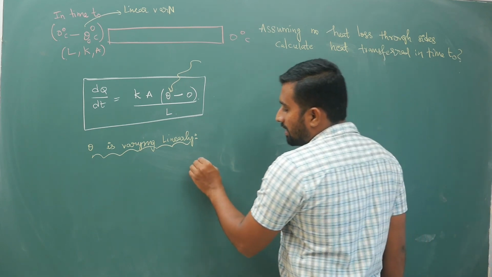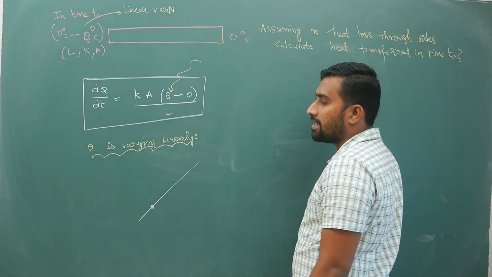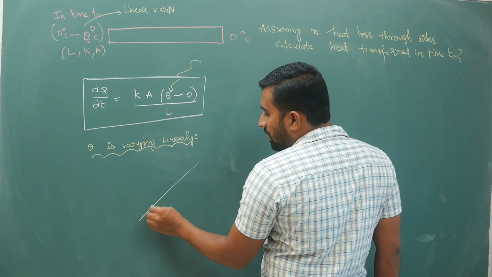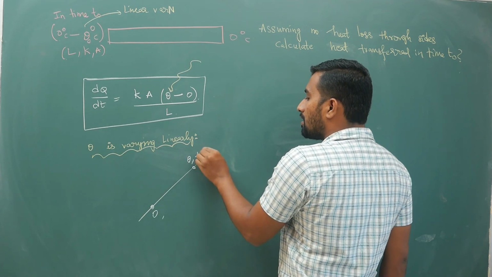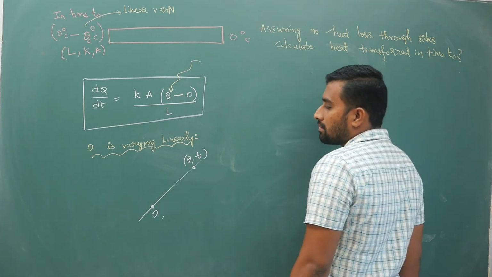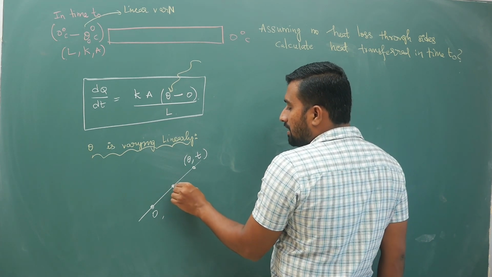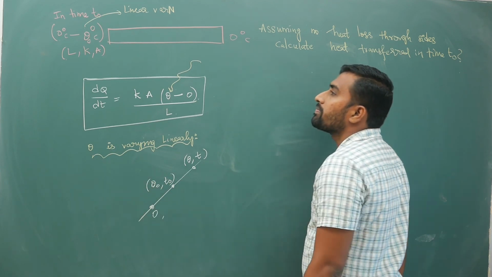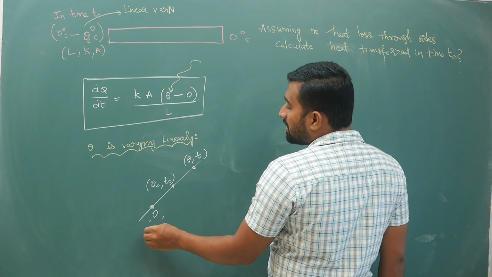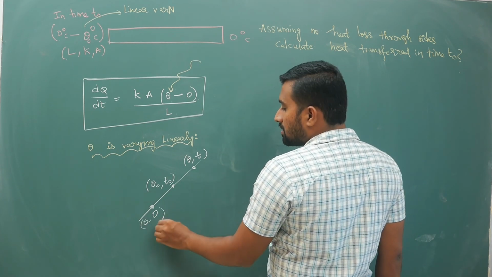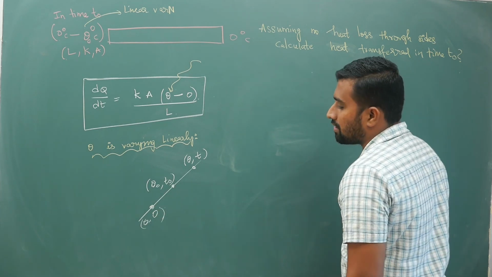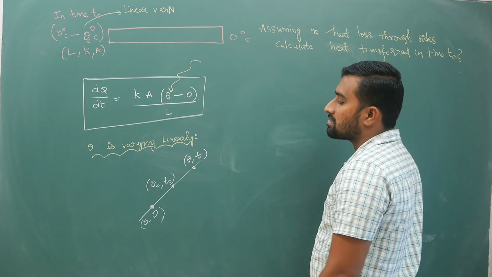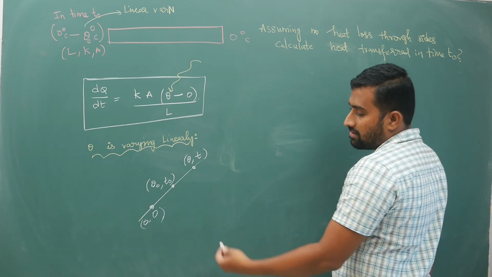So in questions like this, if linear variation is there, that means it is a kind of straight line. At 0, your temperature is 0 degrees centigrade. Assuming some point (t, theta), if it is a linear variation, after time t naught your temperature is theta naught. So this is (0, 0) and (t naught, theta naught). If it is linear variation, all these points will lie in a straight line. So when points lie in a straight line, we can give the equation.